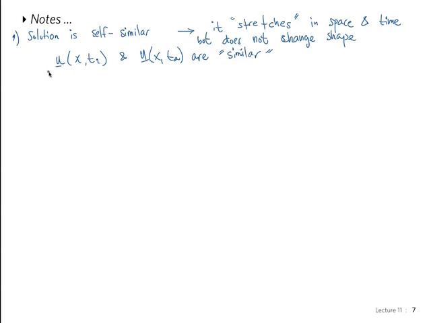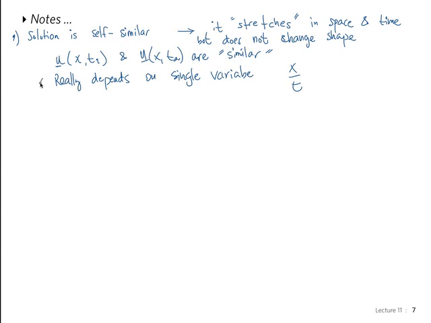Or in other words, another way to say this is that the solution really depends only on a single variable, x over t, rather than x and t separately.